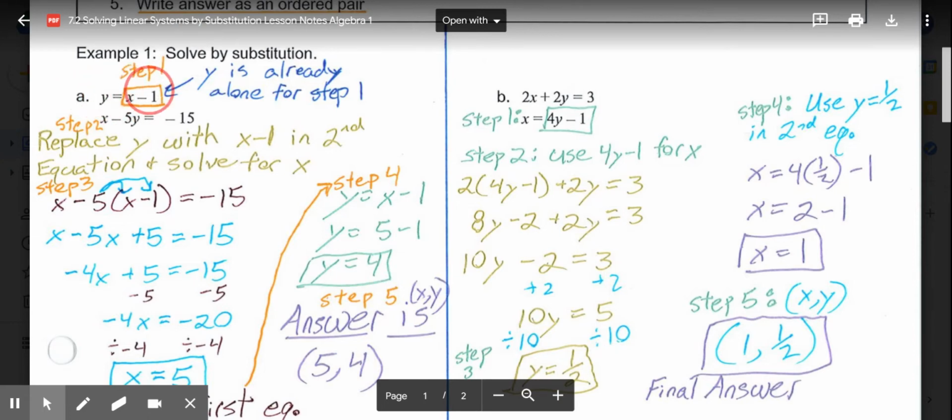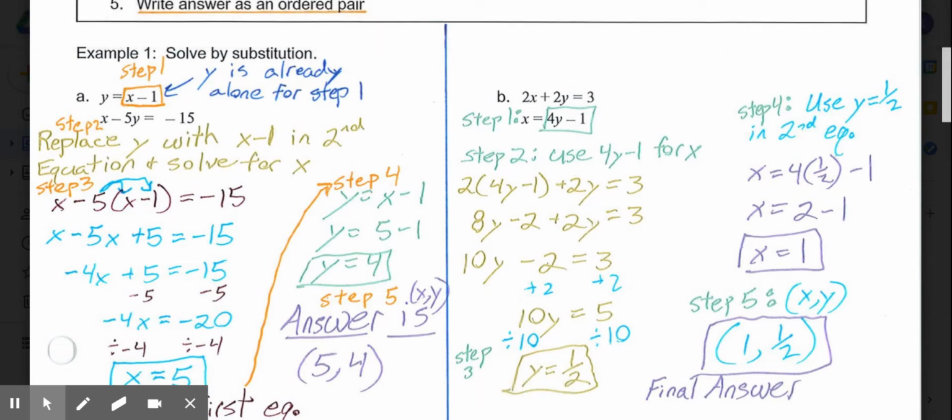Y and x minus 1 come out to be the same, so x minus 1 can replace y in the other equation. So for step 2, we're looking at this equation, x minus 5y equals negative 15, and we're going to replace the y with x minus 1, and then we're going to solve for x for step 3.